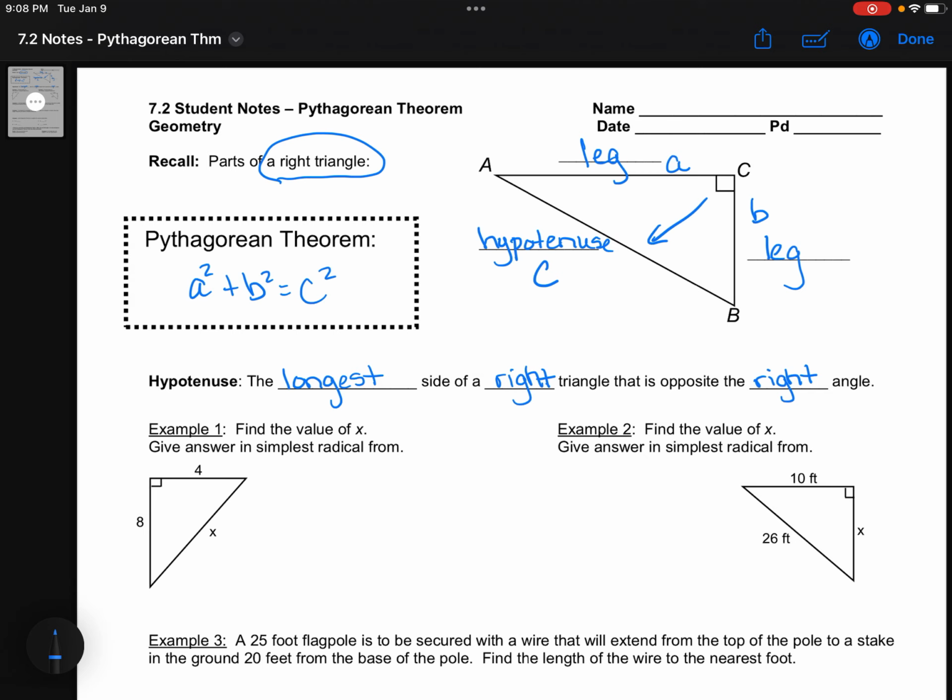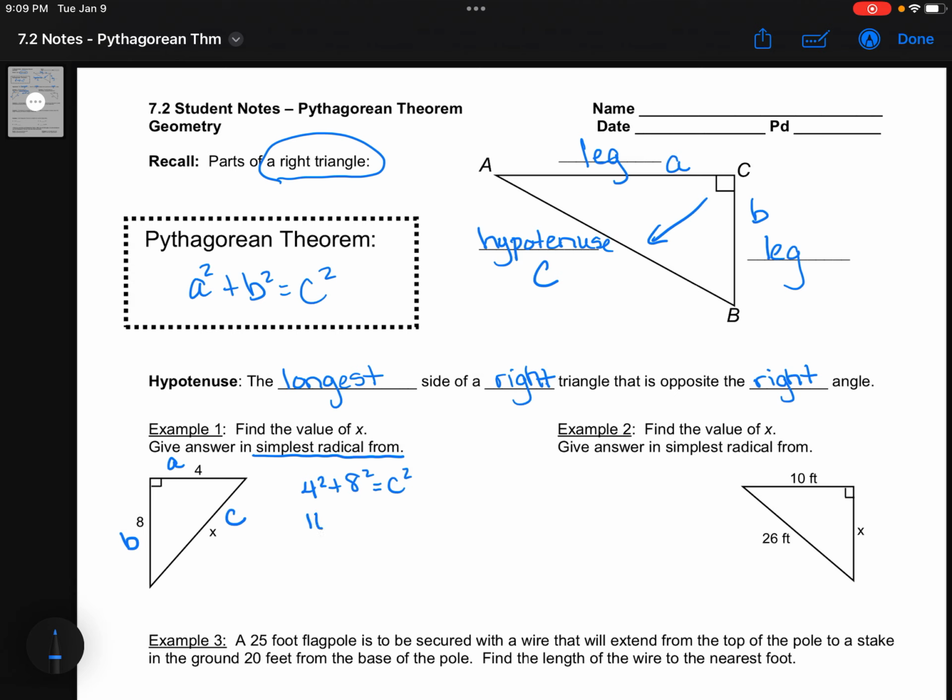So we're going to solve, and we're going to leave it in simplest radical form. So this is C, this is A, this is B. So we have 4 squared plus 8 squared equals c squared, or x squared, I guess we could say.